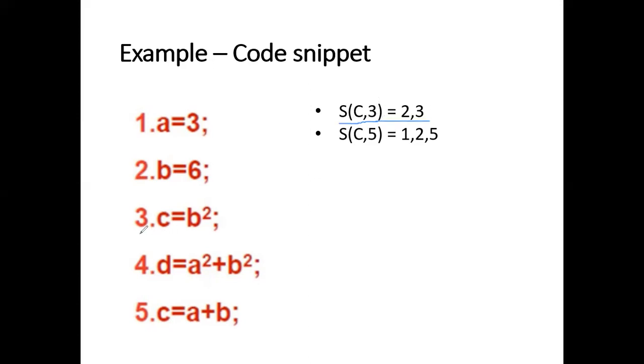So line number 3 is here, this one. And C is my variable. You can see I have two variables here, but I have to consider only the given variable.